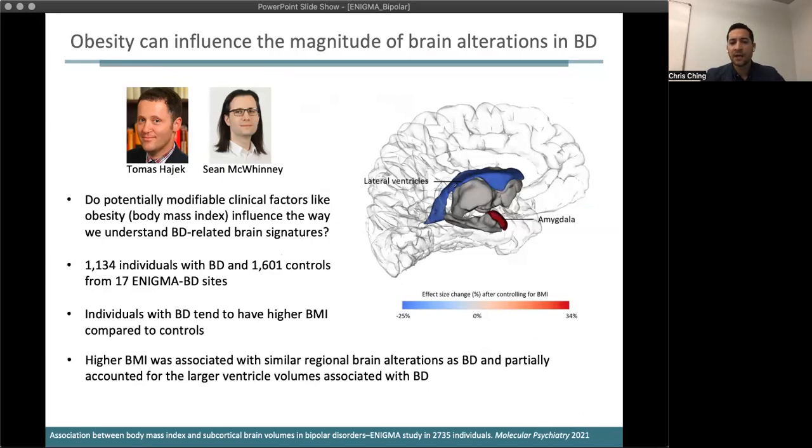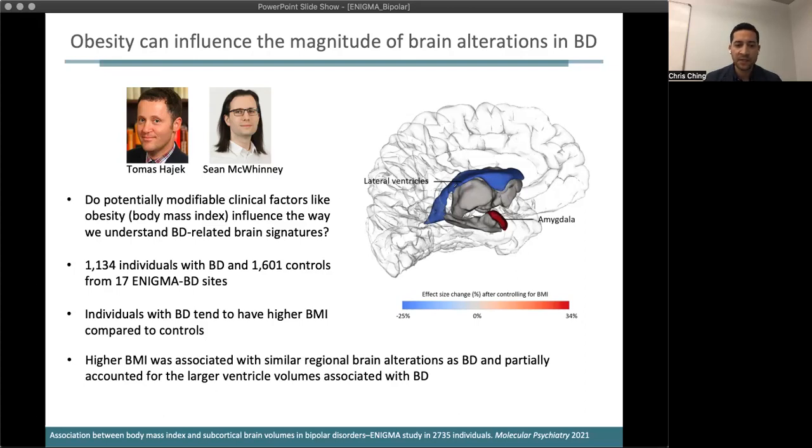And this is for a number of well-documented clinical reasons, including side effects of commonly prescribed medications. But interestingly, what we found was that higher BMI was associated with similar regional brain alterations as what we saw in bipolar disorder, and could be partially accounting for some of the effects that we saw in bipolar illness.